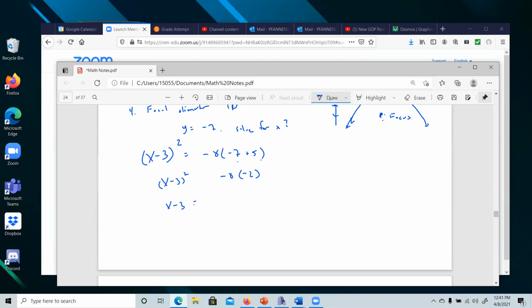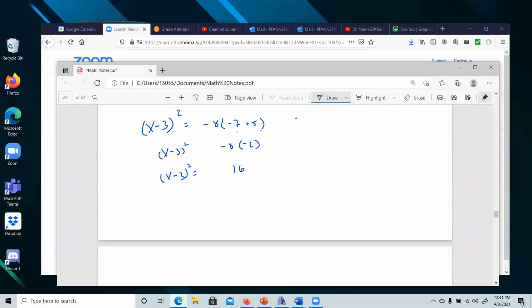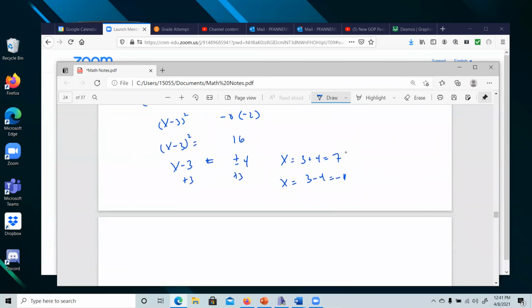So x minus 3 squared is equal to 16. Let's take square roots of both sides. So we have x minus 3 equals plus or minus 4. We're just going to add 3 to that. So we have x is equal to 3 plus 4, and x equals 3 minus 4. Okay. Those, by the way, are the endpoints of your latus rectum.